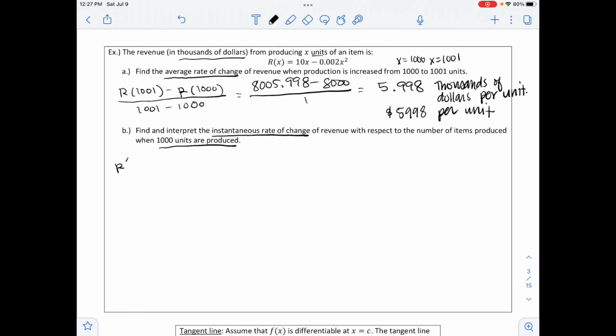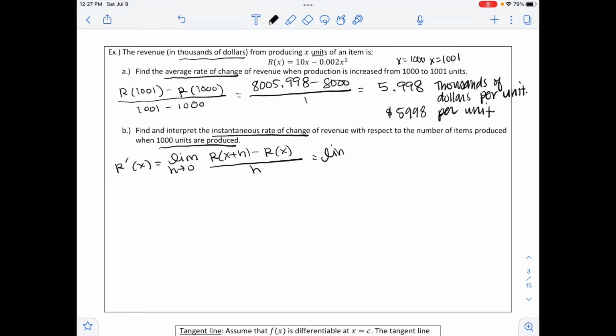So I'm going to go ahead and put r prime of x is equal to, and our formula is going to be the limit as h approaches 0 of r of x plus h minus r of x all over h.